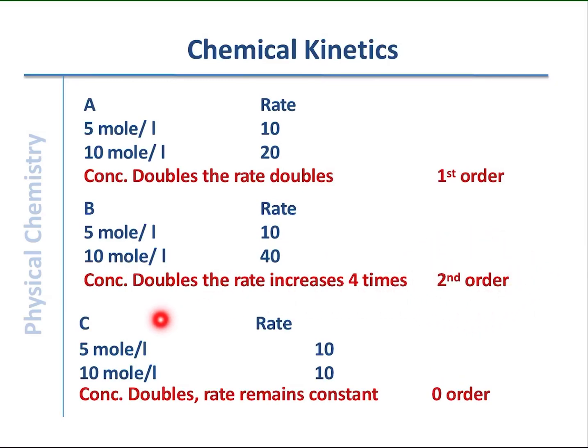For reactant C, when the concentration doubled, the rate remains constant, so this reaction is zero order and the reaction rate isn't affected by the concentration of the reactant.